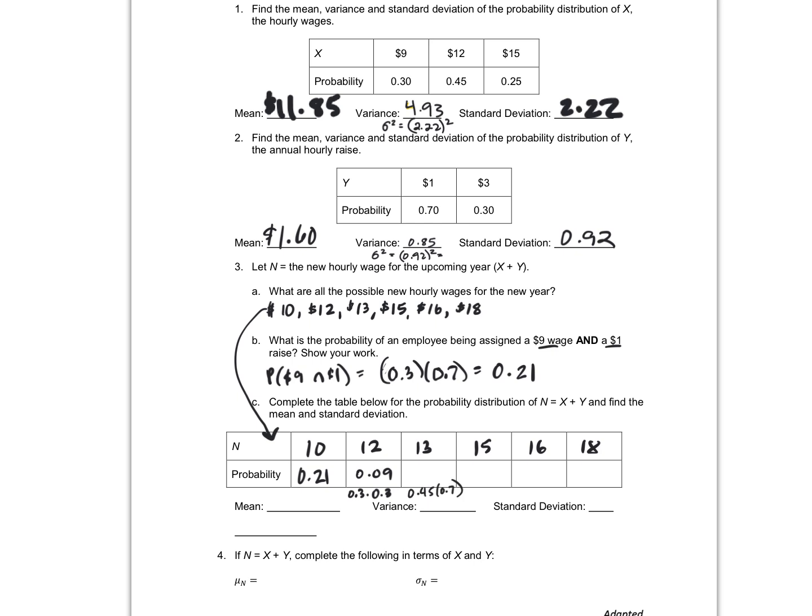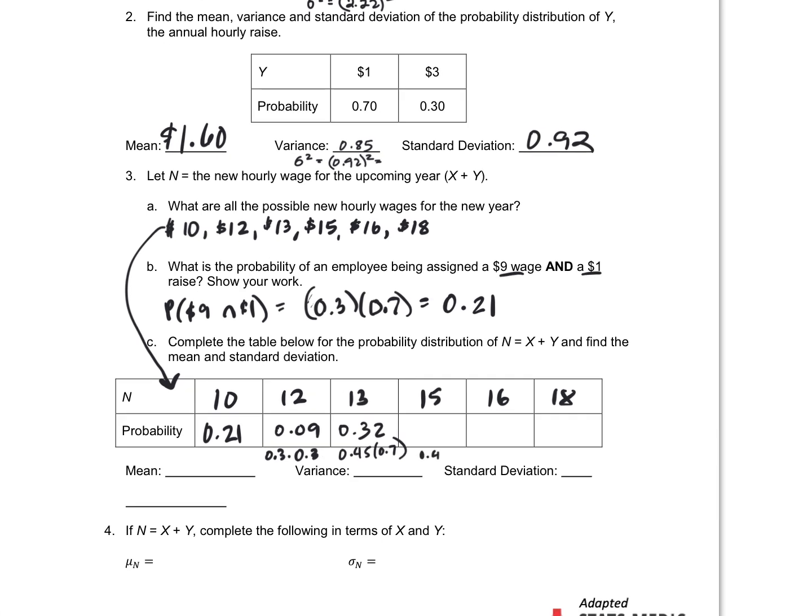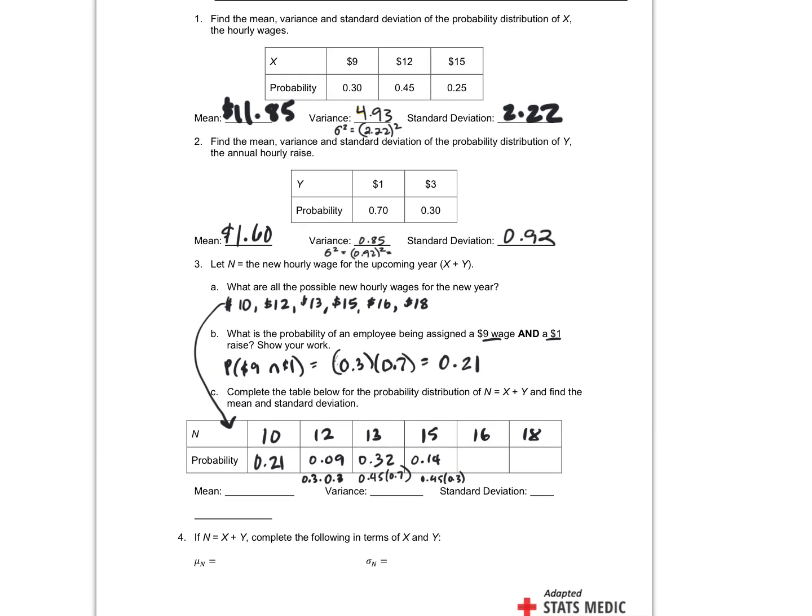Can't do that one in my head. 0.315. $15 then would be 0.45 times 0.3. 0.135. 16 would then be 0.25 times 0.7.